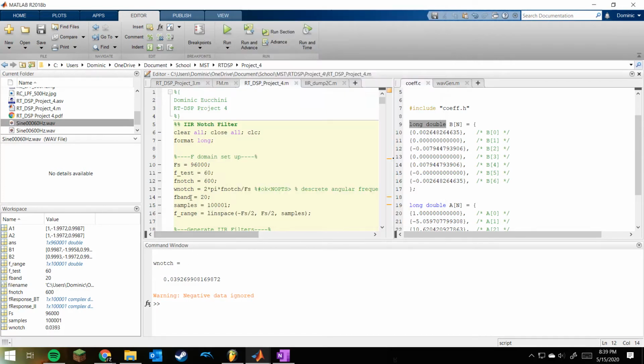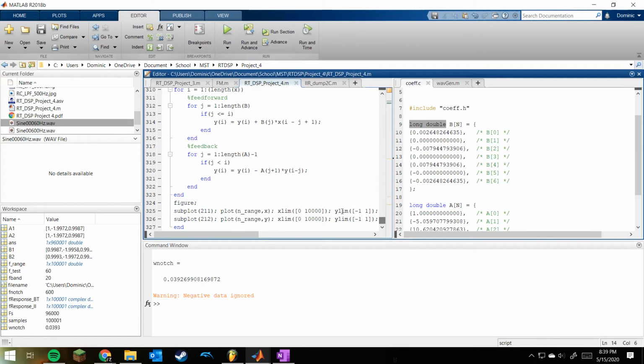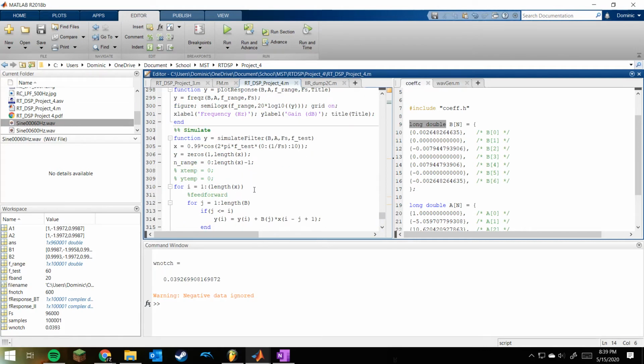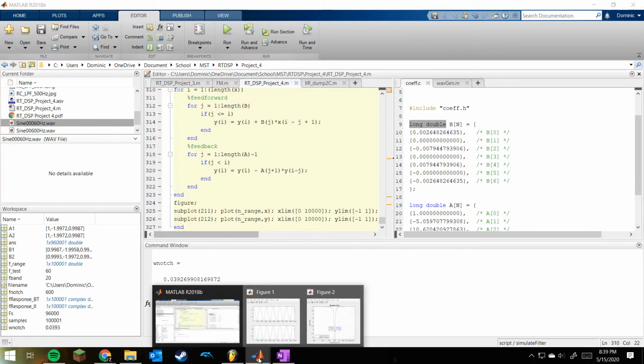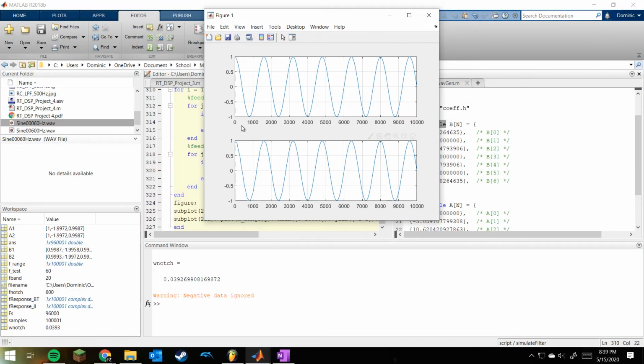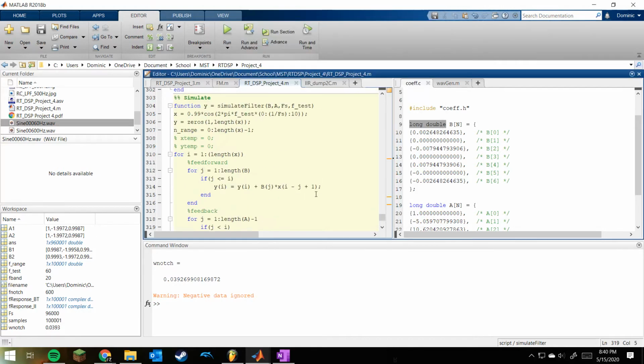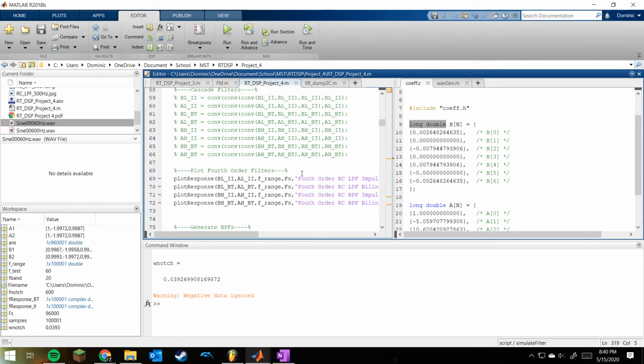I also ran a simulation. The simulation function just works like it does in the Code Composer implementation. It essentially just runs the filter. And if we go ahead and look at the response to a 60 hertz sine wave, we can see that it didn't attenuate at all. It's still 1-to-1 here. Let me show you.